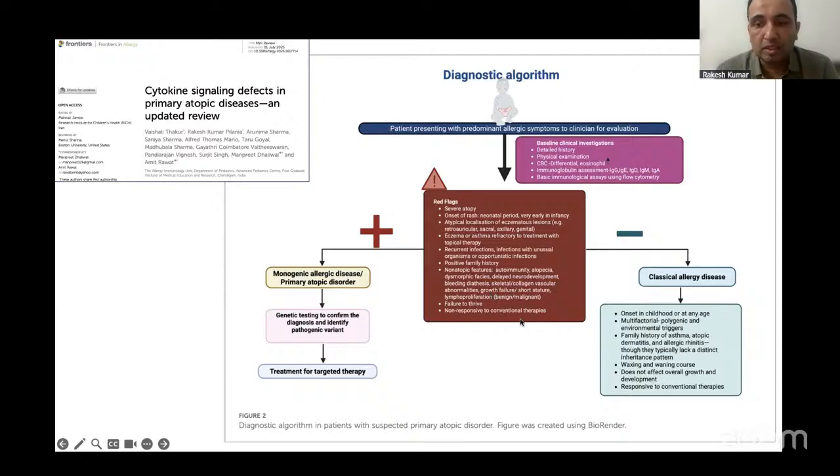They can have growth failure or short stature, failure to thrive, and non-response to conventional therapy. If these features are present, we should work up for monogenic allergic disease or primary atopic disorders. Genetic testing or primary immune deficiency evaluation is essential because once you identify the underlying genetic defect, you can treat for the target, and targeted therapies are essential.